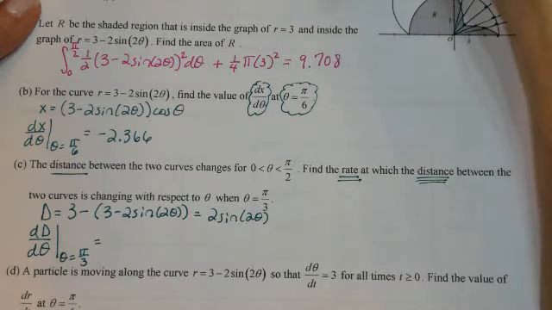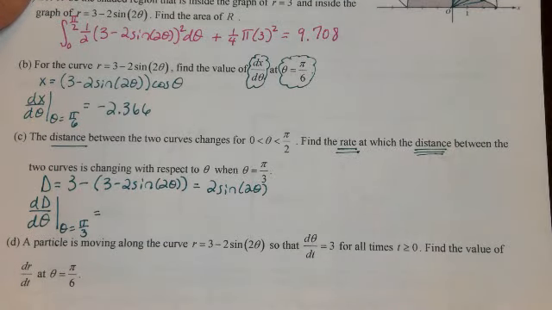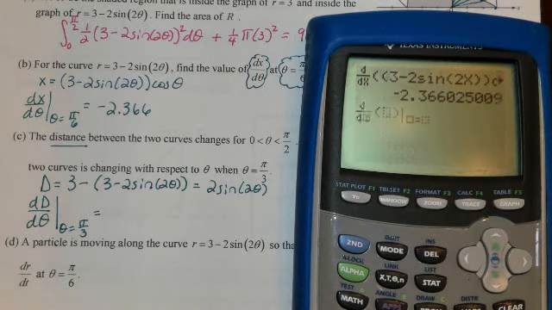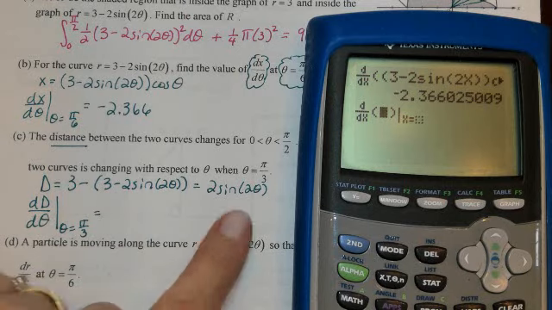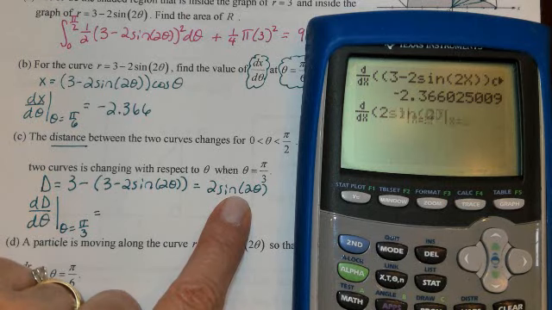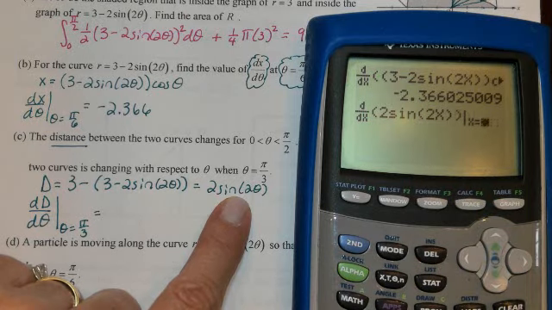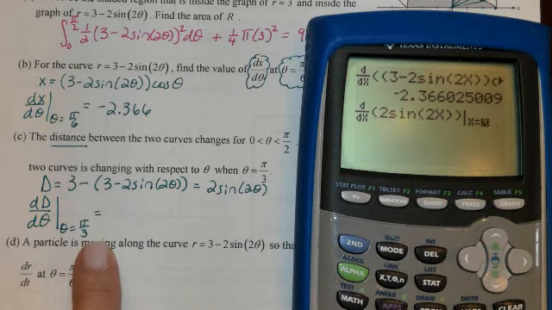And we have a calculator that does derivatives at a point. Math 8 for derivative. I'm going to let x be theta again. And I just have 2 sine of 2 theta, close the argument, and then at pi over 3.